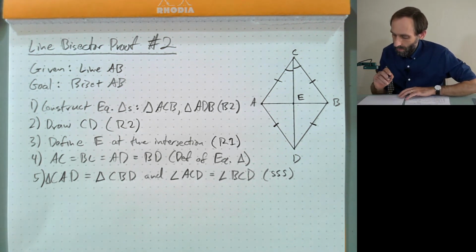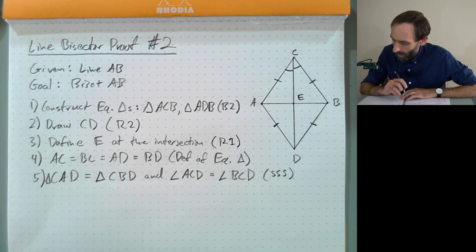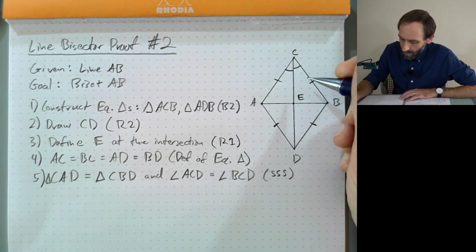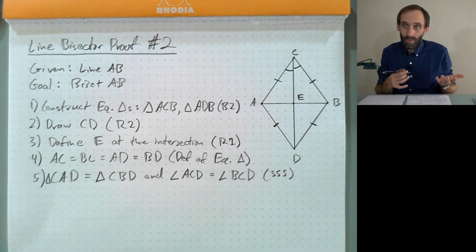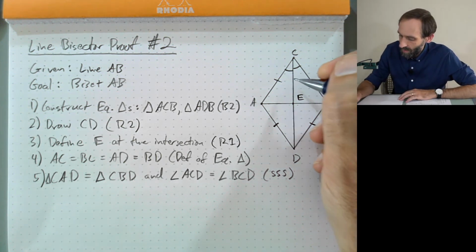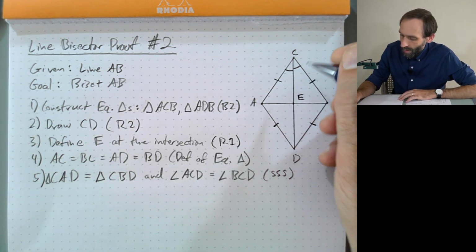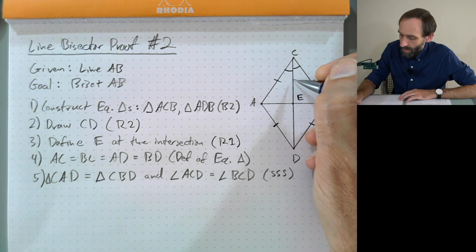Okay, well, now I can basically wrap this up in the same way that I wrapped up the previous proof, which is to notice that I can use side angle side, right?